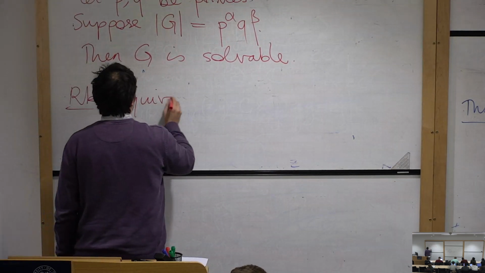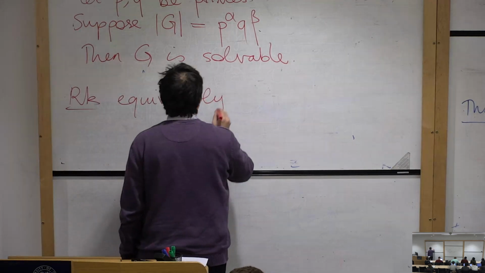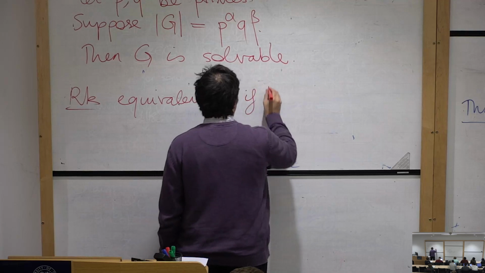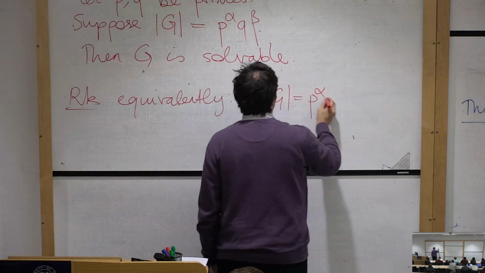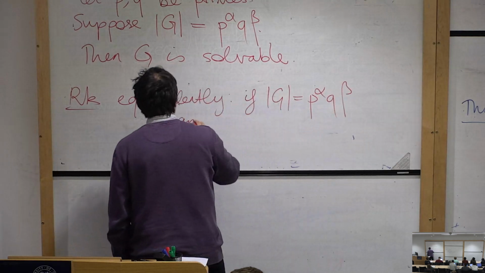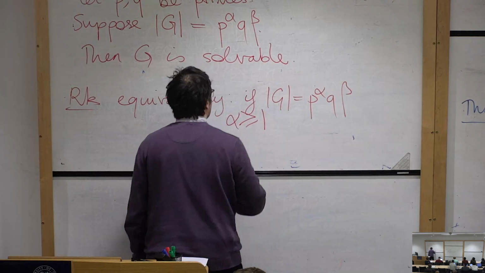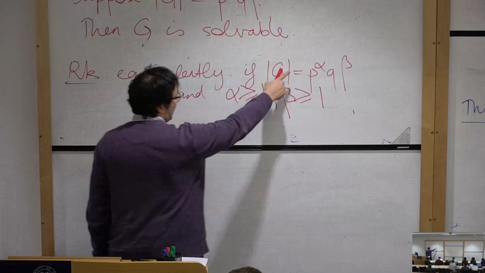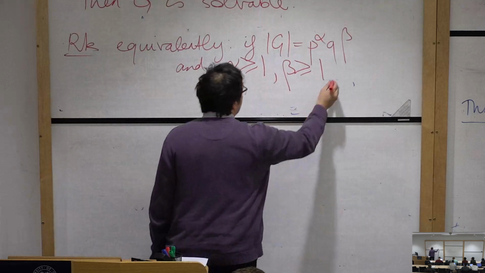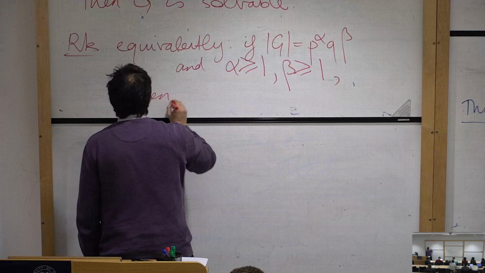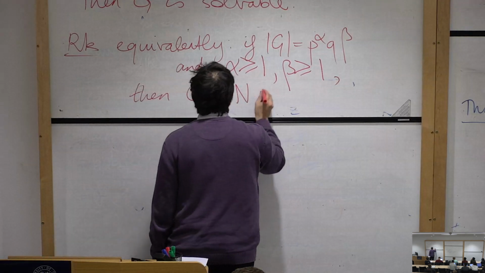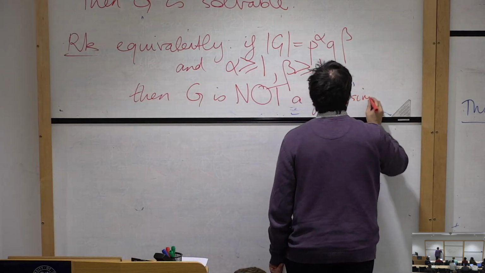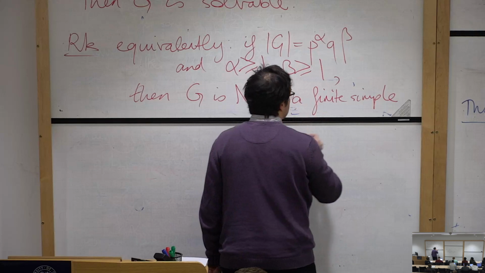Equivalently, this is the same as: if the order of G is p to the alpha, q to the beta, and both alpha and beta are not trivial, then G is not a finite simple group. It has a non-trivial proper normal subgroup. The trivial cases are when one exponent is 0.